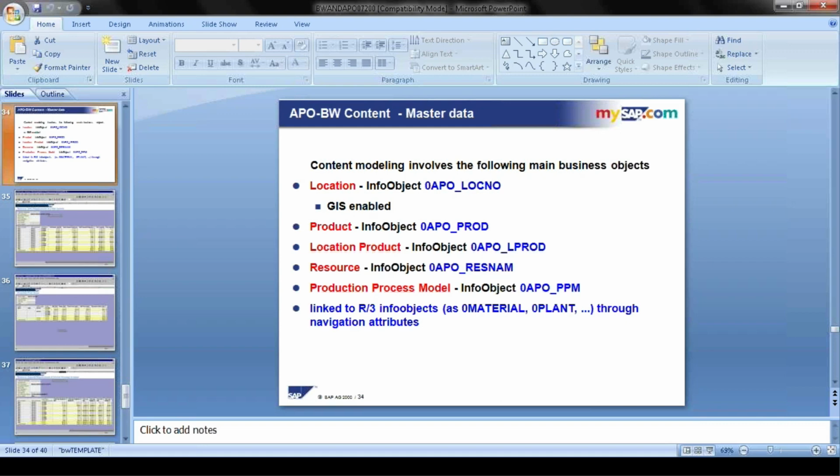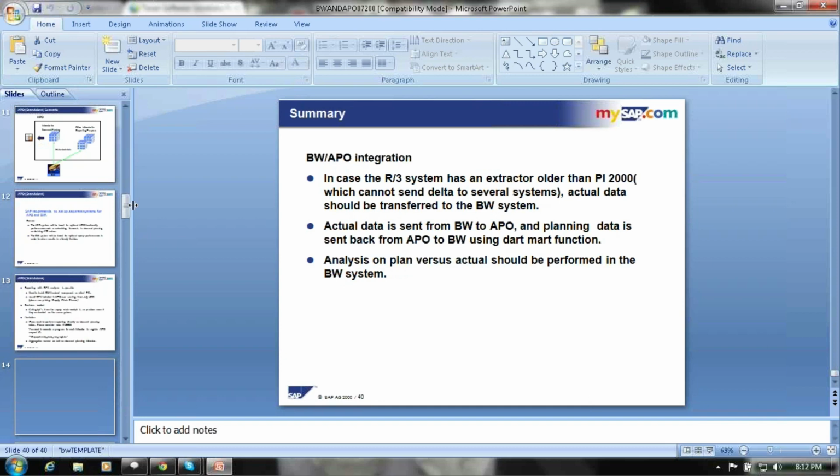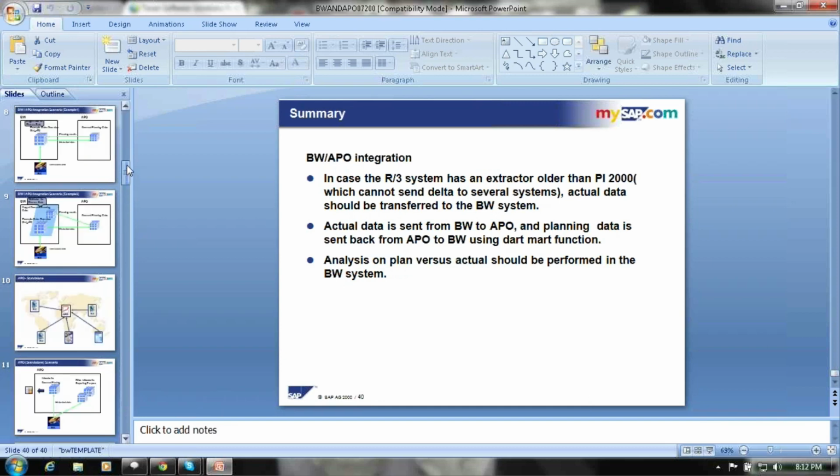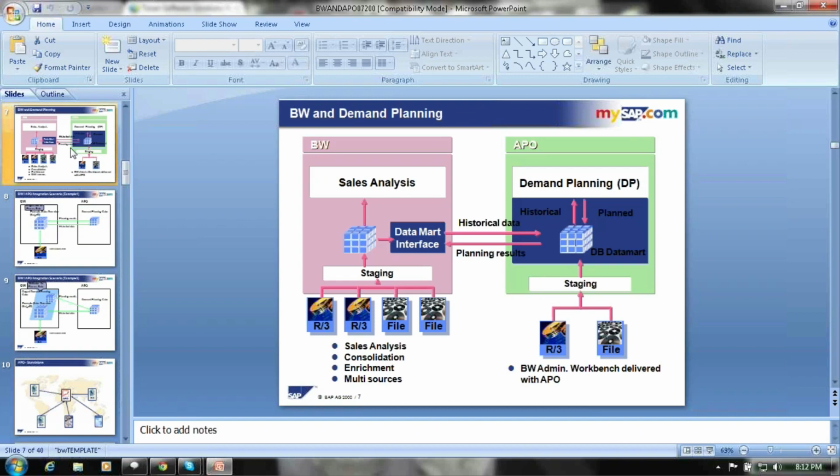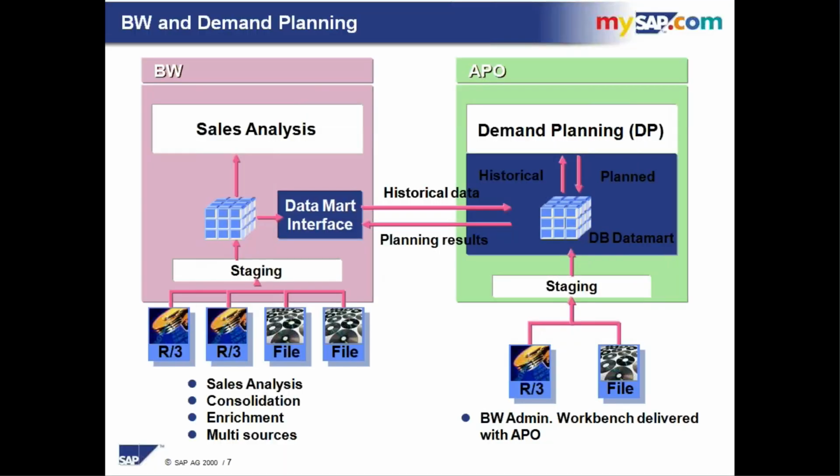So the basic idea is, the basic functionalities of BW are modeling, extracting and reporting. So normally in APO demand planning, we need to extract the data, store the data and do the reporting.